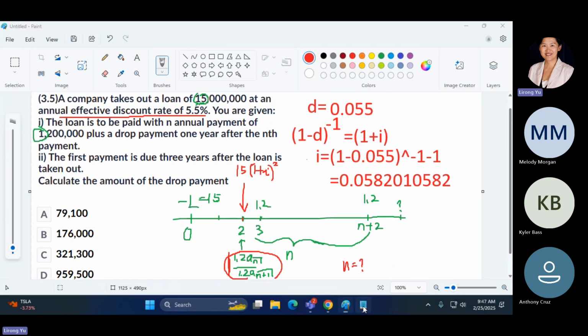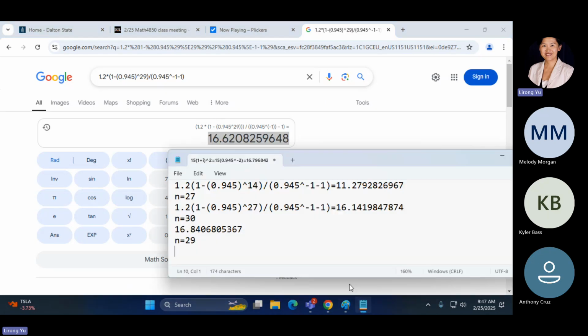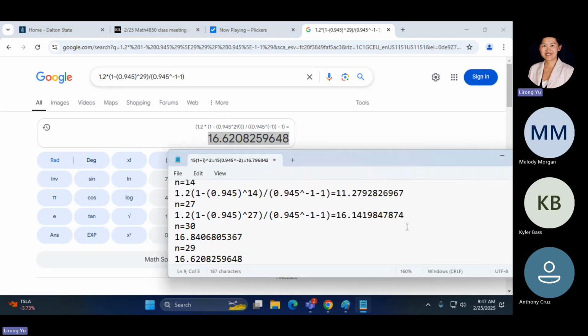That's lower, right? So we did achieve what we wanted. If n equals 30, it would be too high. If n equals 29, it would be too low. So we know that we were supposed to be paying 29 payments.